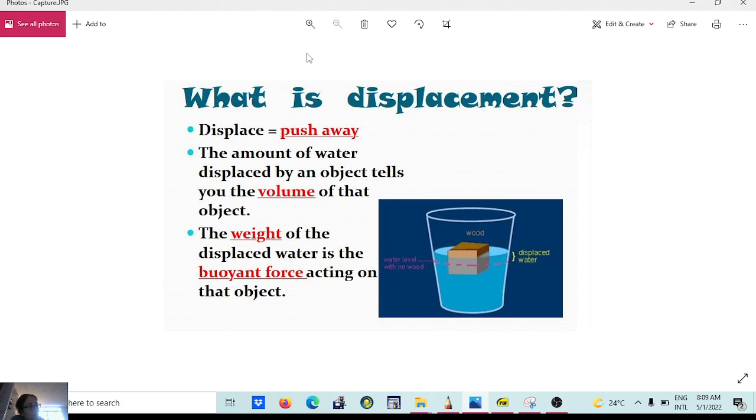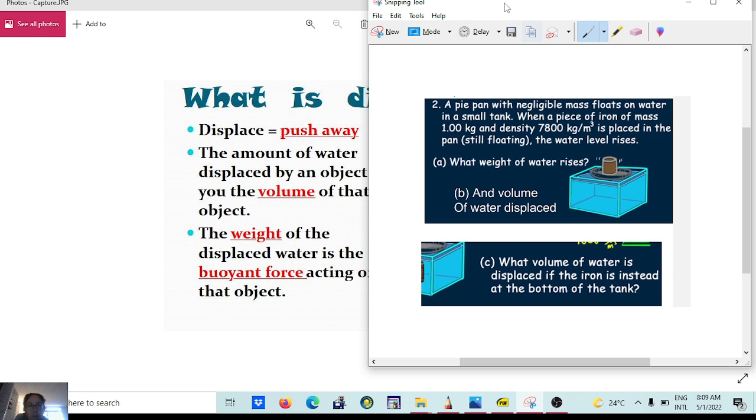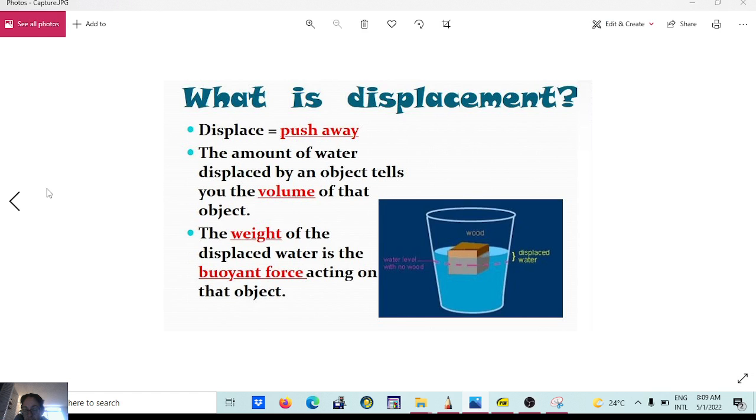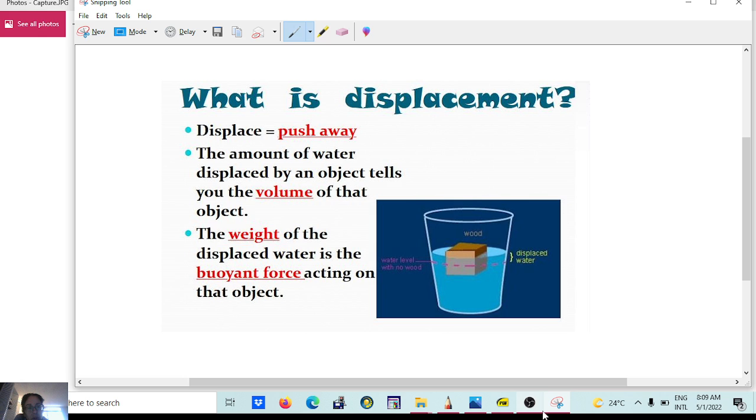Okay, so we talked last time about the situation when something is totally submerged, right? So in that case, let's say you have a piece of rock that is being held by a string, it's going to displace its own volume in water, right?